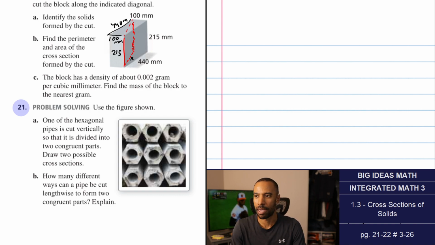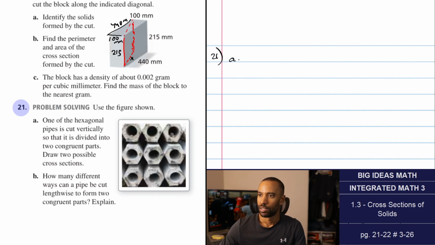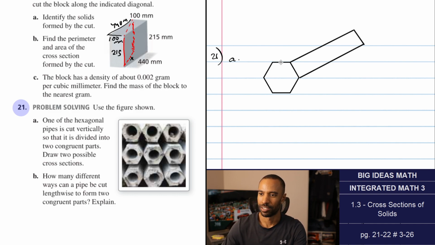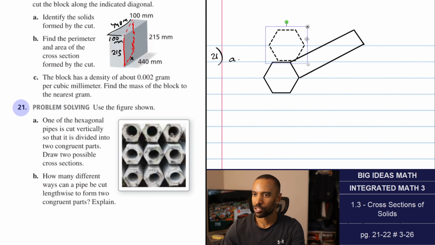Okay, so this pipe, you don't see the entire pipe in and of itself. I thought it was already cut. So on part A, I'm trying to make a 6-sided shape here. I'll just copy and paste my own drawing after this. I'll make it a hexagonal pipe like so. I want to copy and paste this, but use dotted lines for this one, and fill in those solids like I kind of just did there.